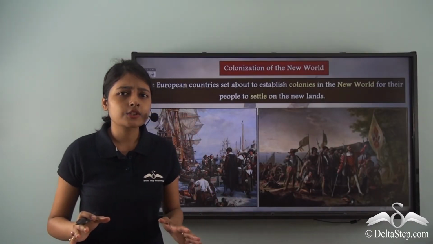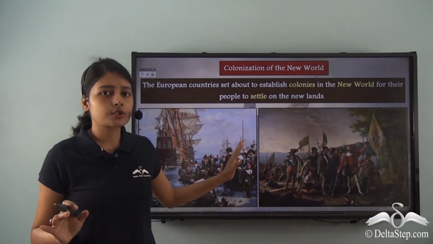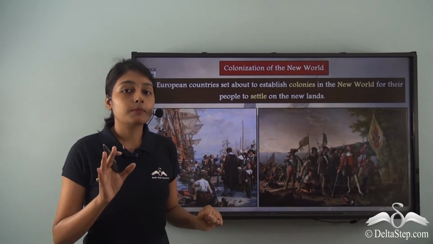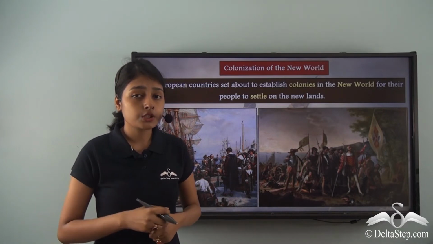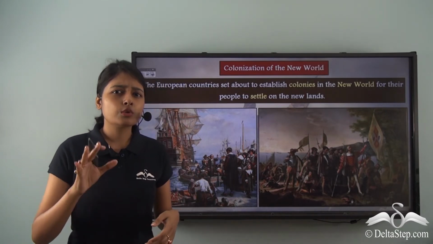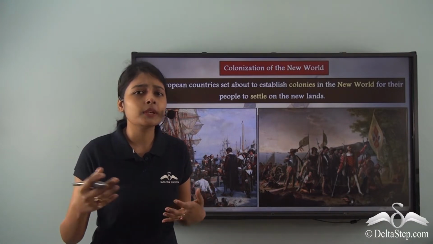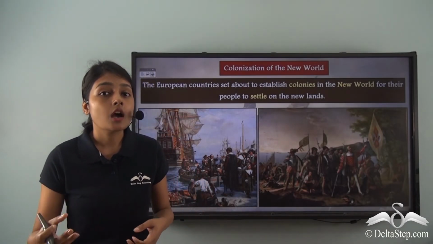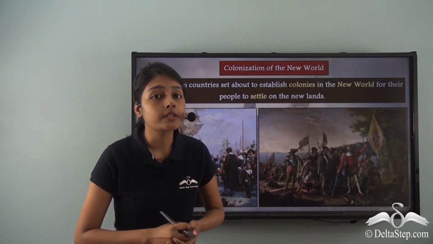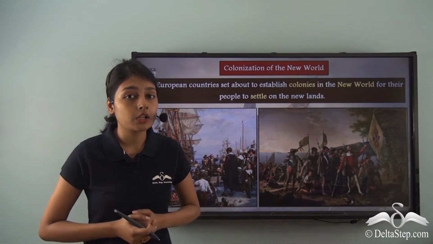By the 17th century, most European nations had understood that they needed to settle in these lands to be able to exploit them to the fullest extent. What was happening in Europe? At that time, Europe was rife with wars and famines and plagues and so many diseases. It was then that the European nations realized how crucial this New World was to house their ever-growing population and to pursue agriculture.